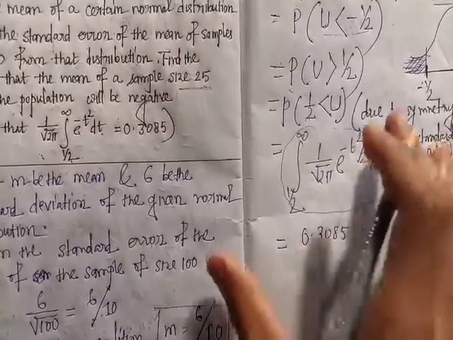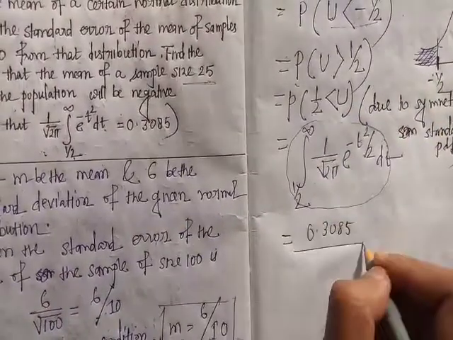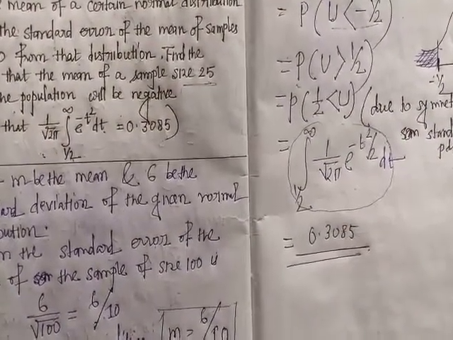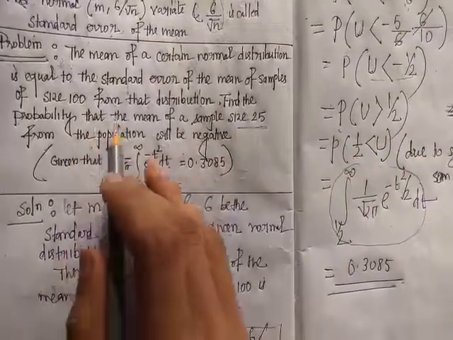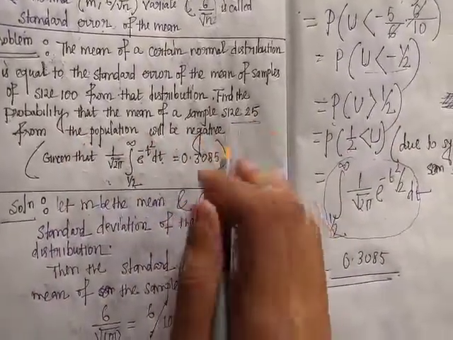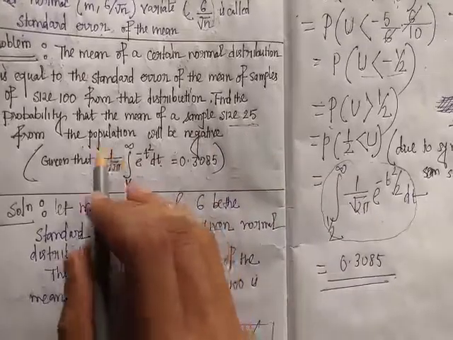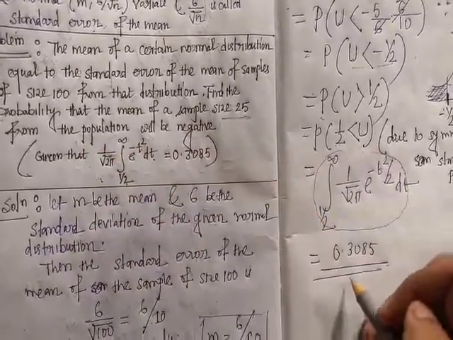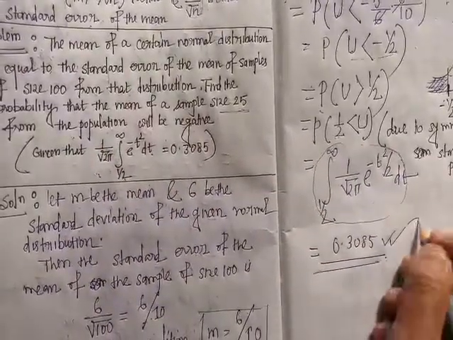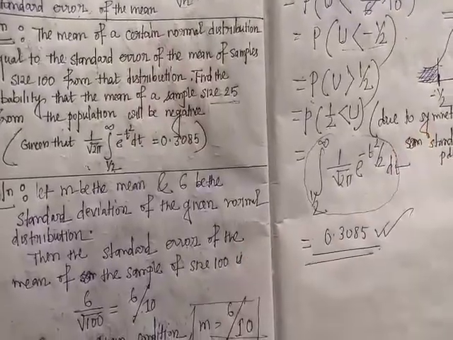So this is the required answer. Hence the probability that the sample mean of size 25 of the population will be negative is 0.3085.